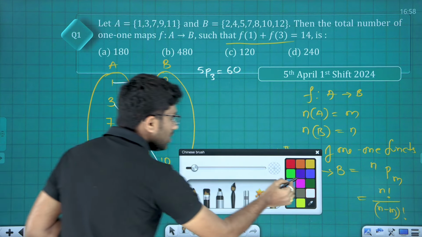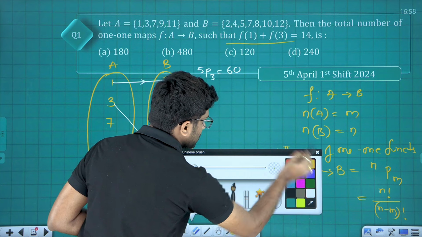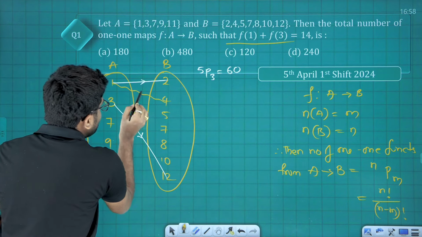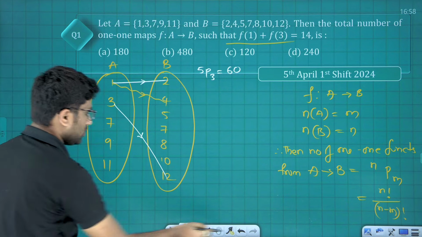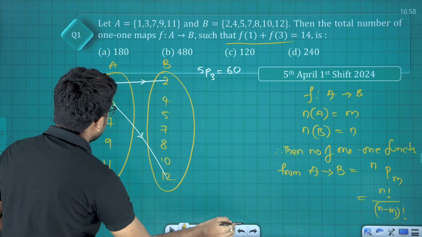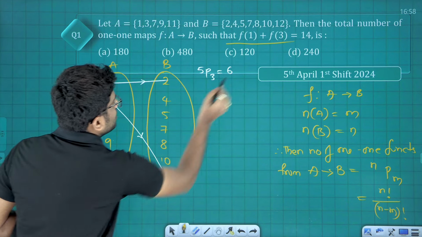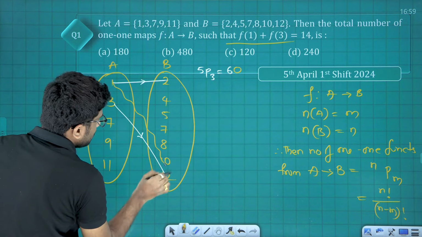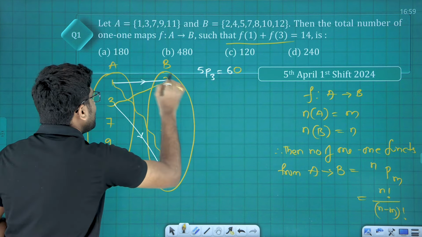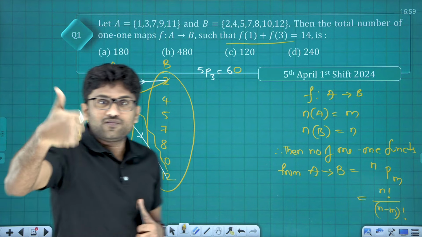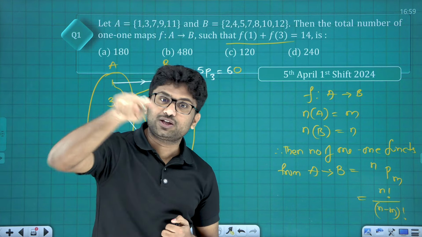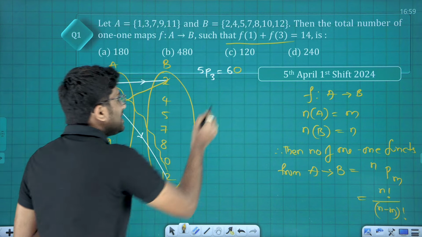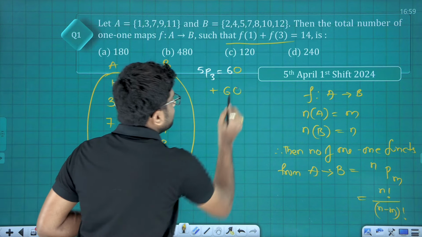Now we have one more possible case. That possible case is, sorry, let's reverse this. If 1 is mapping with 12 and 3 is mapping with 2, we are reversing it, then even in that case we'll get one more 60.